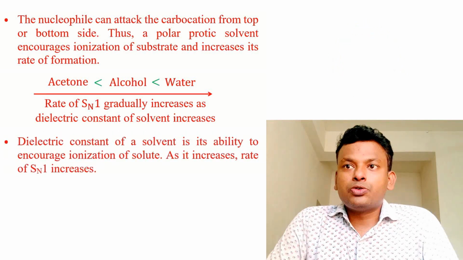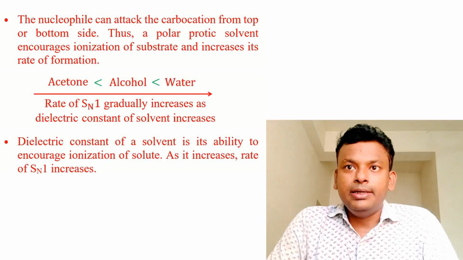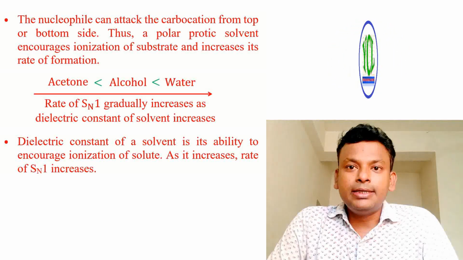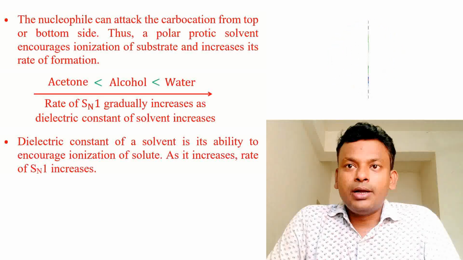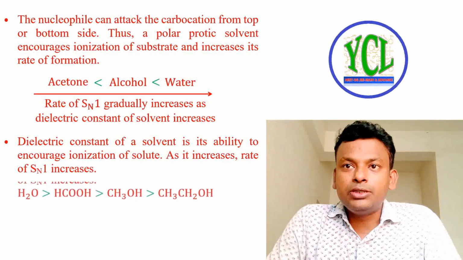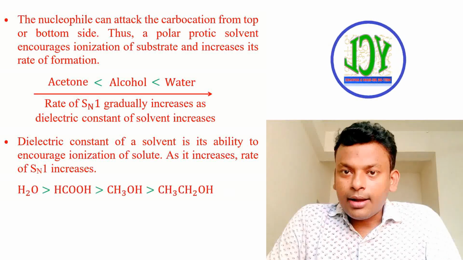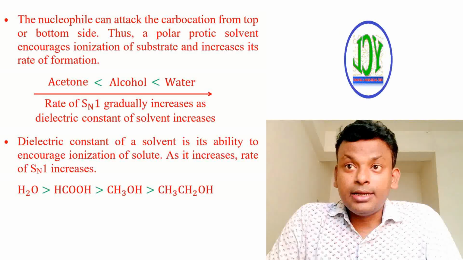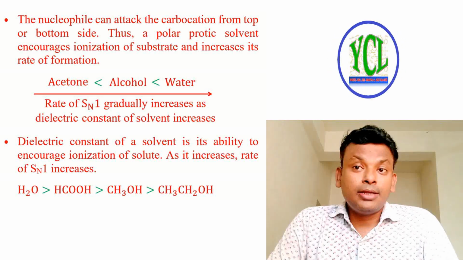The dielectric constant of a solvent is its ability to encourage ionization of the solute. As it increases, the rate of the SN1 reaction increases. The order is H2O greater than formic acid greater than methanol greater than ethanol.